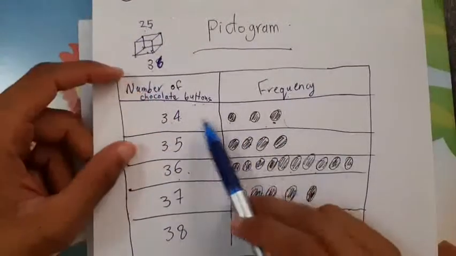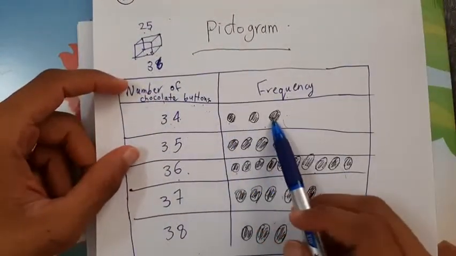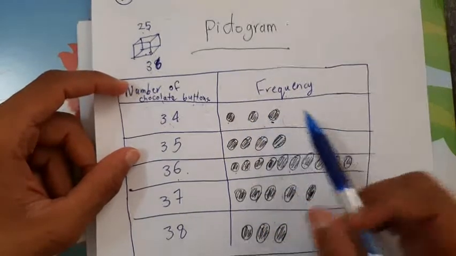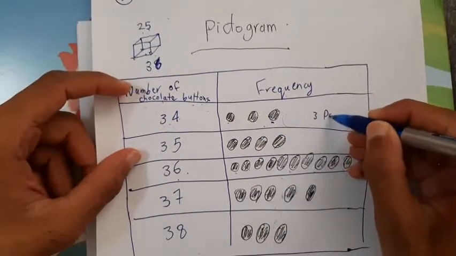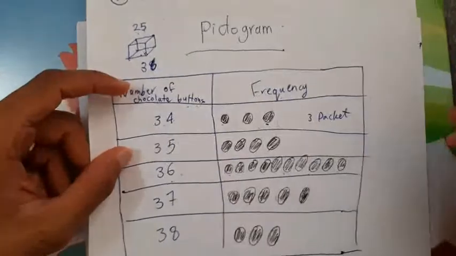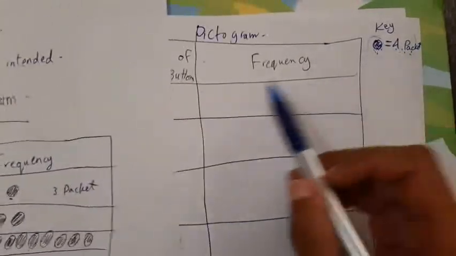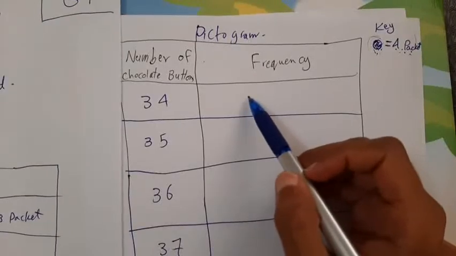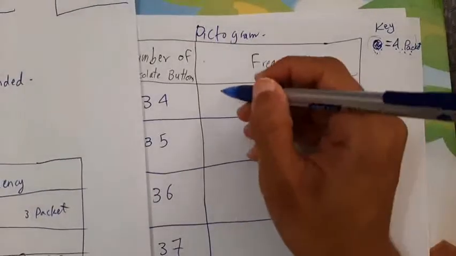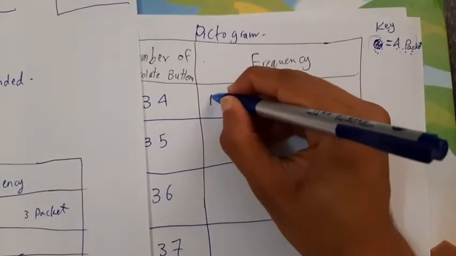So here in the first example, I used to have 3 circles to represent 3 packets, right? 3 packets. But now one circle represents 4 packets. So how many circles should I draw here? I'm going to draw like this.